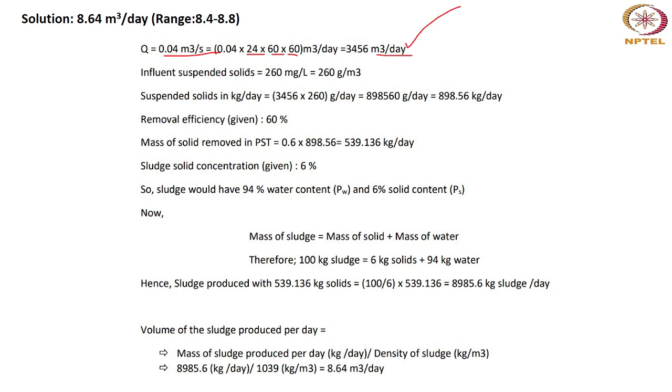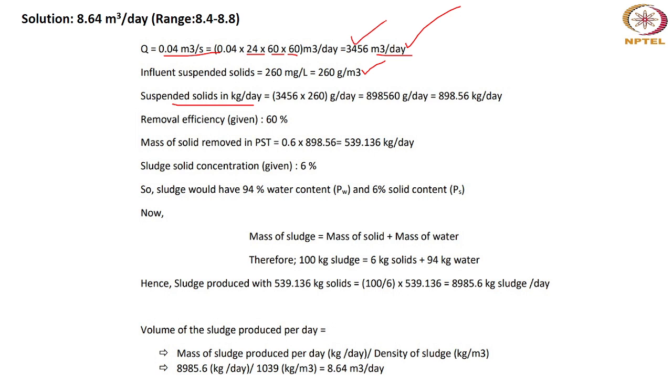This is easy, right? Then the influent suspended solids concentration was given as 260 mg per liter. So 260 gram per meter cube, we can convert because at the end we are going for meter cube. Then suspended solids in kg per day, that is how much suspended solids will be generated per day.